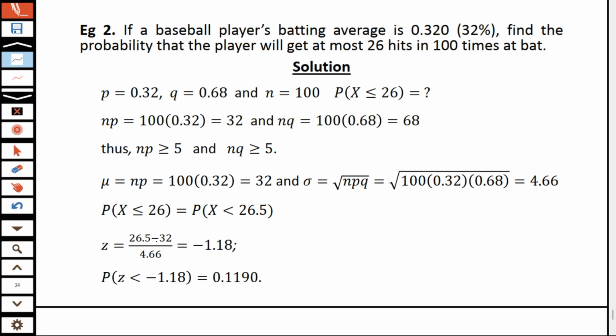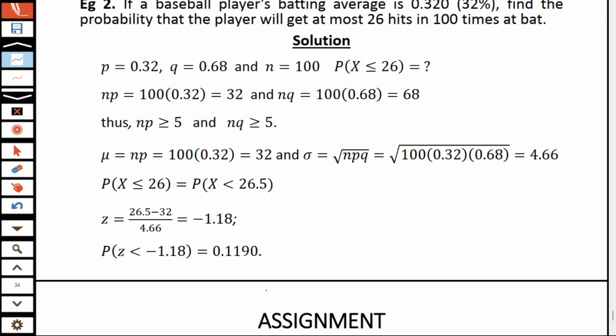So we have 26.5 minus 32 divided by 4.66, which will give us negative 1.18. When you go to the normal distribution table, you read this one from it, and you are going to get 0.1190. So this is that for the normal approximation to binomial, right?